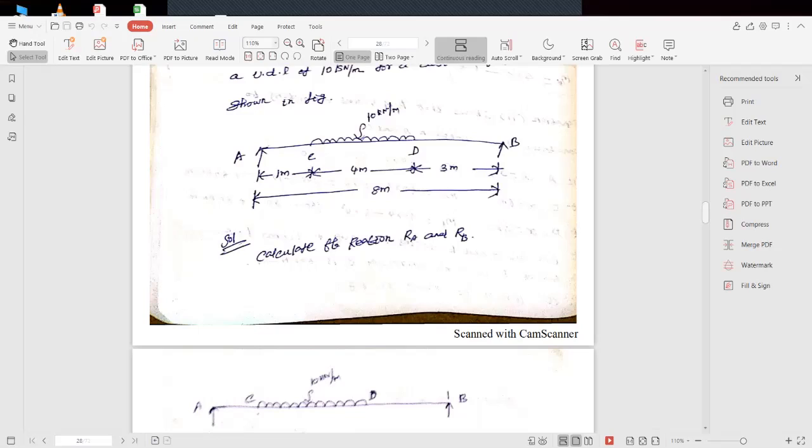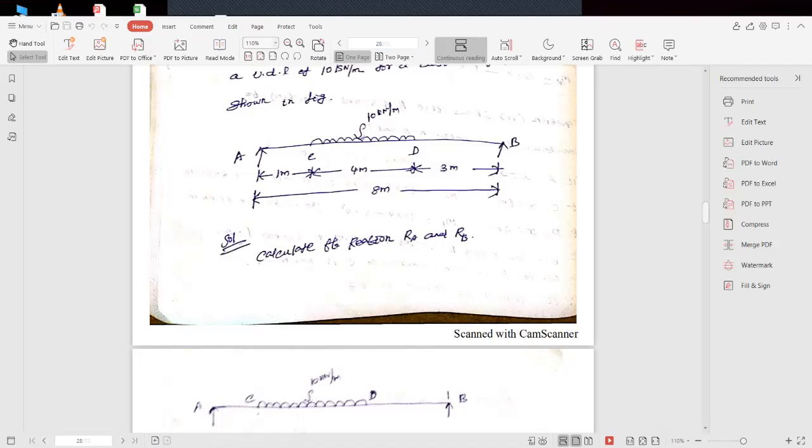Then this uniformly distributed load of 10 kilonewton per meter is acting. As we said earlier, if it is a uniformly distributed load, we have to convert this into a point load, and that point load is acting at the center of this uniformly distributed load. So here the uniformly distributed load is throughout 4 meter.